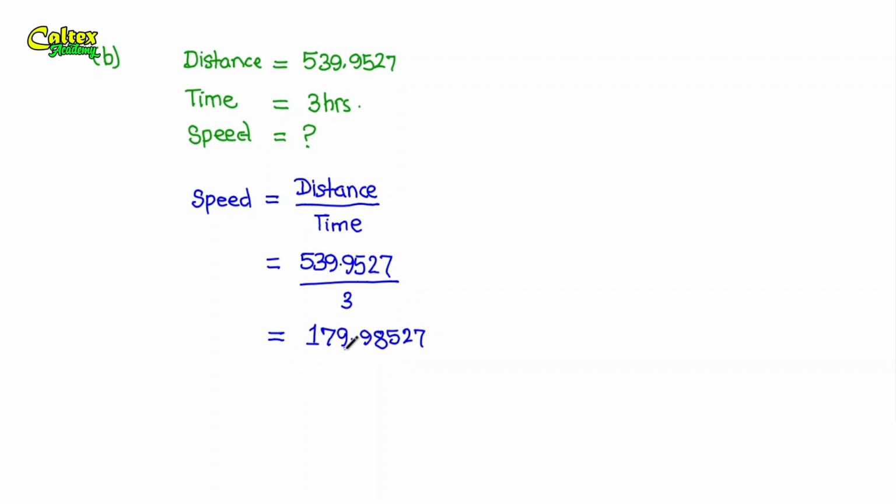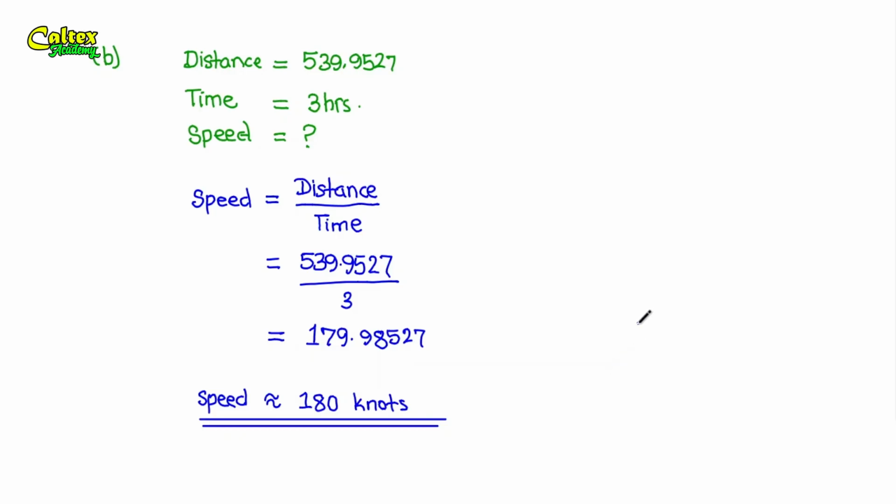So we can round this to a whole number because you can see these numbers are big enough, like 98. So we can round it to a whole number. Therefore, our speed is approximately 180 knots. And that is the answer for question 1.